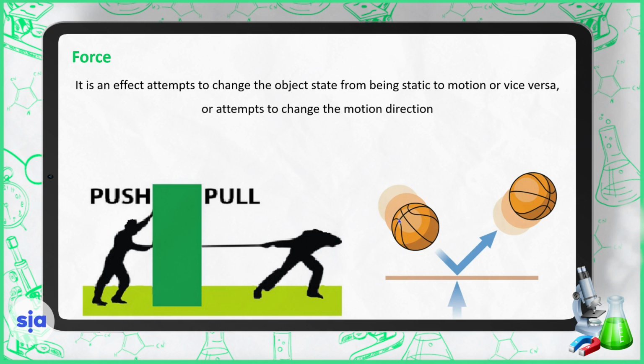Look to this ball, the bouncing basketball. When it hits the ground, it changes its direction. This is force. So, force is a push or a pull to move an object or stop an object movement or changing the direction of a moving object. And force is measured in Newton.